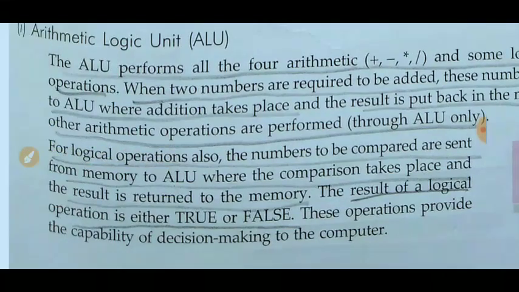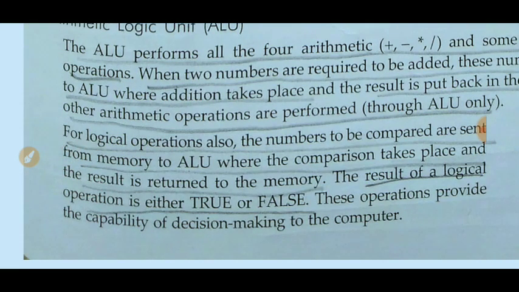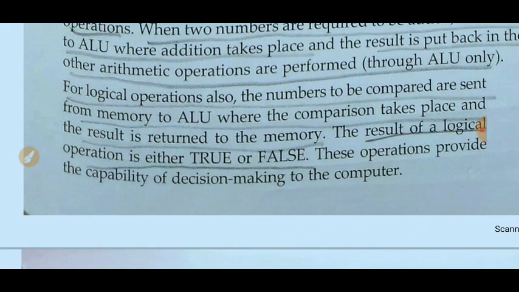In the same way, other arithmetic operations are performed only through the ALU. Similarly, for logical operations, the numbers to be compared are sent from memory to ALU where the comparison can take place, and the comparison result comes in the Boolean type, means either true or false.